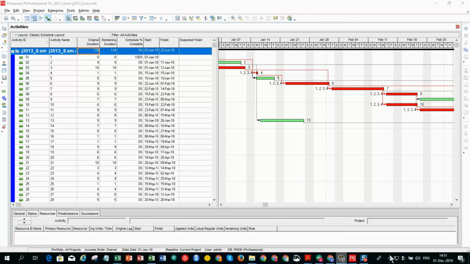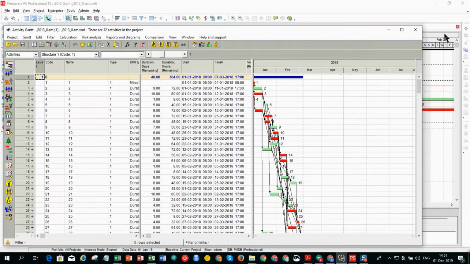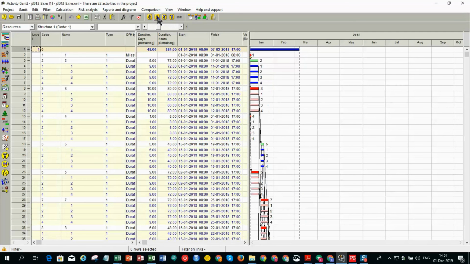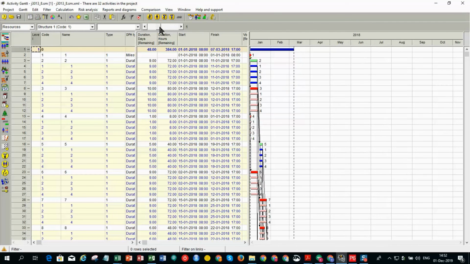And now we look at Spider. Without resource leveling, we will see it's exactly the same schedule, also 48 days duration, also with four resources assigned to activities in the same way.